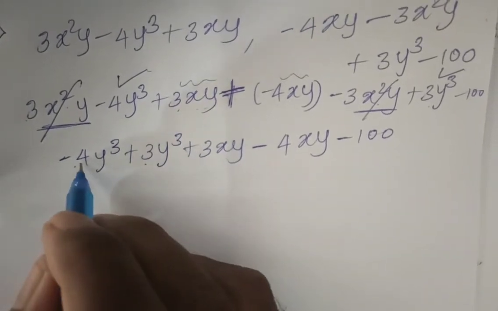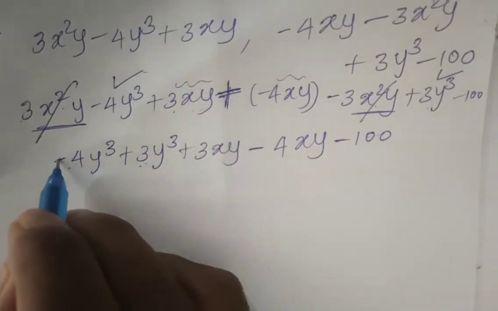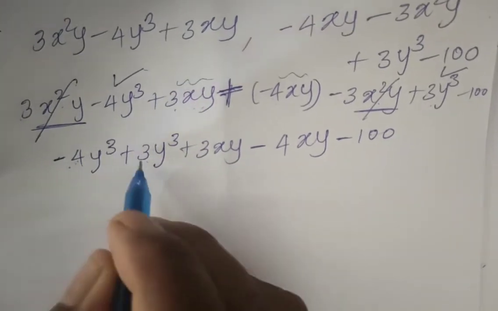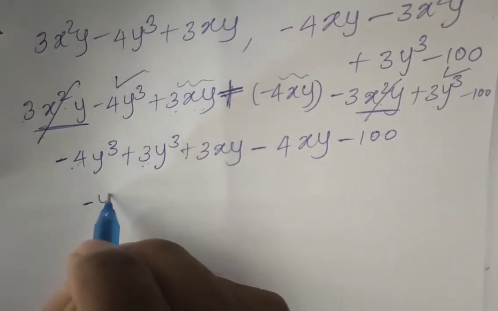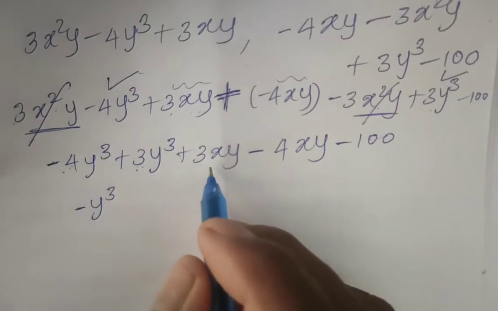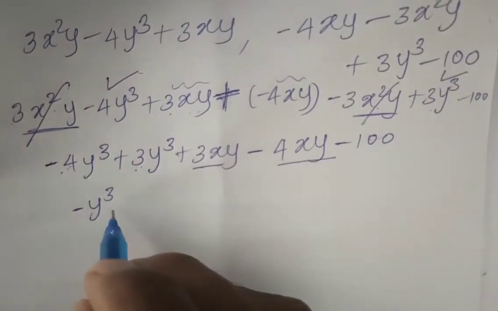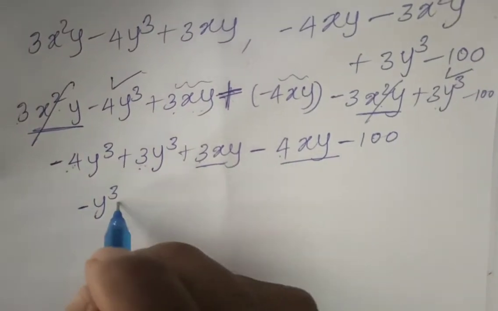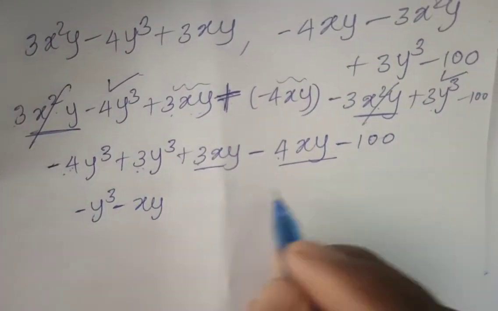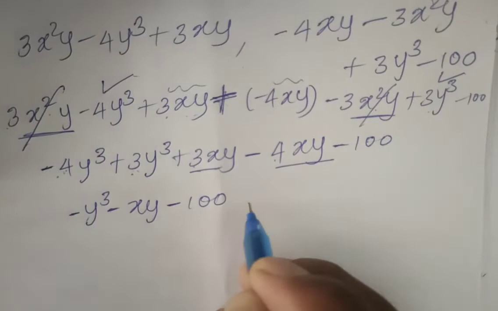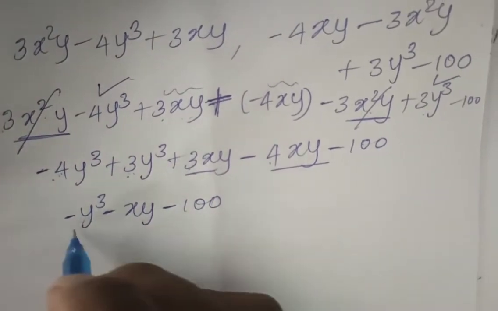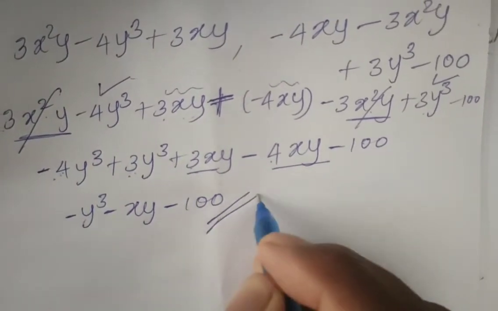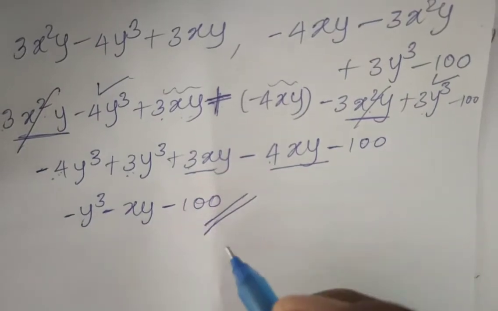Minus 1, because subtraction is there and the bigger number has the minus sign. Minus 1y cube. 3xy minus 4xy, 3 minus 4, minus 1, minus xy. Then here minus 100. These are all unlike terms, keep them as they are. This is the final answer, we cannot do anything more.